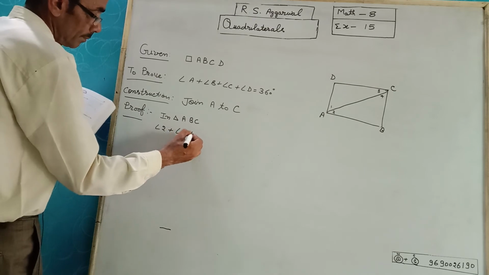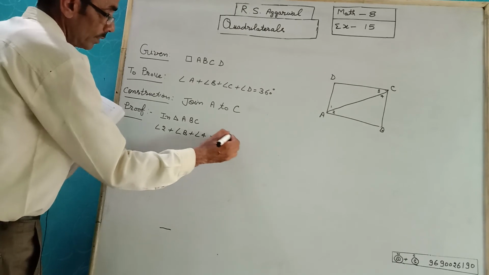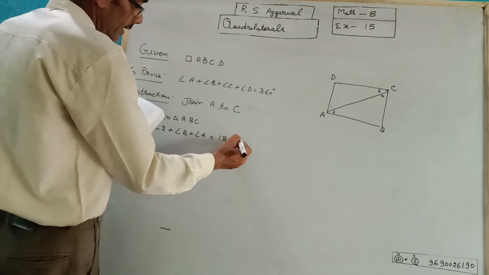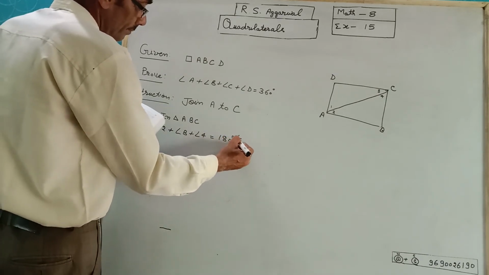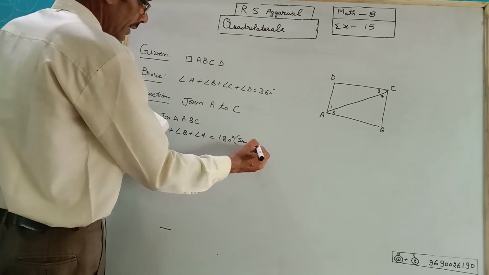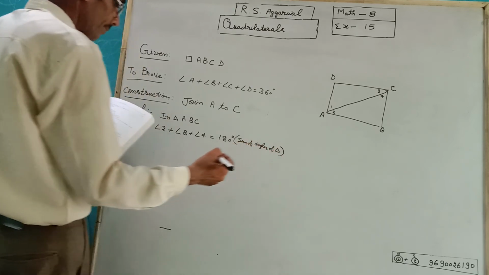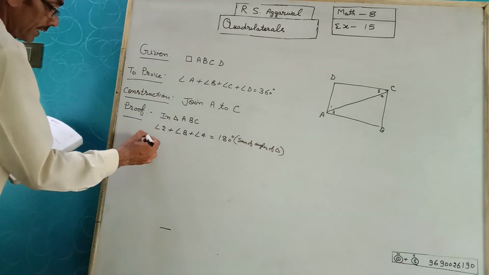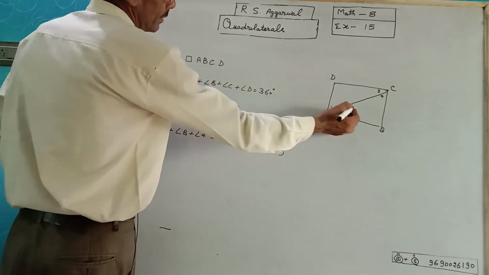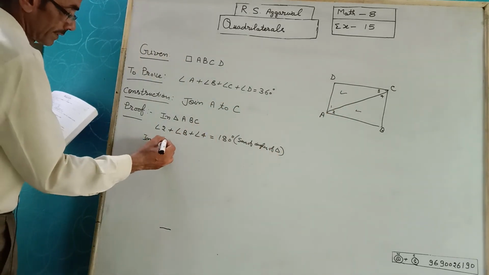Angle 2 plus angle B plus angle 4 is equal to 180 degrees, the sum of all angles of a triangle.